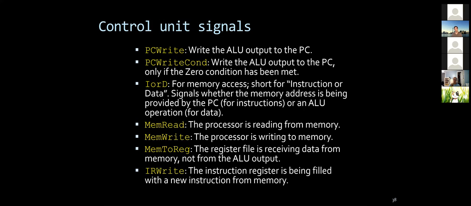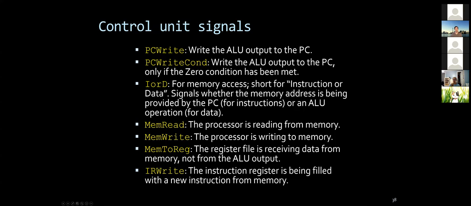Why do we need it? Remember when we compute the next PC, not just plus 4, but something more interesting for the branch, then the result of the ALU is needed. So we need to tell the ALU that it should go into the PC. That enables a certain path in the graph.